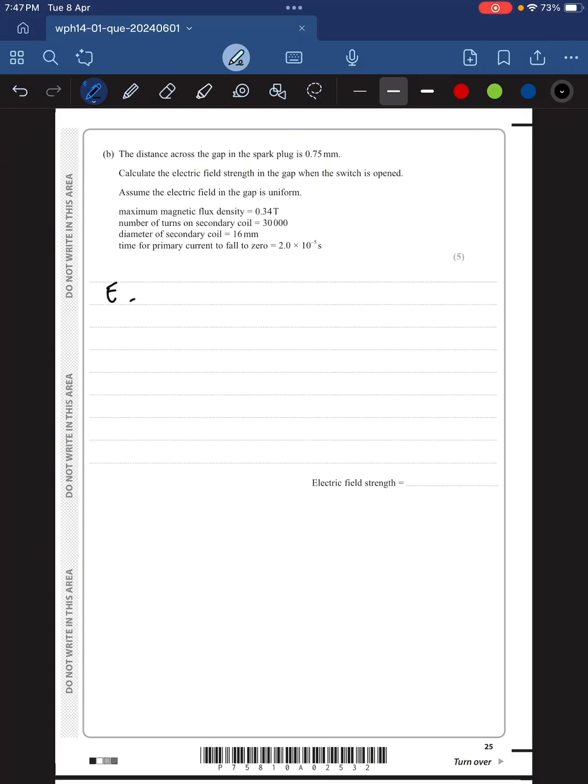So the electric field is given by the voltage over the distance, and the voltage is the EMF, which is given by the change in the flux linkage over delta T, which is equal to N, the number of turns, times B times A, where A is the surface area, over delta T. So if we plug everything in, we are given everything.